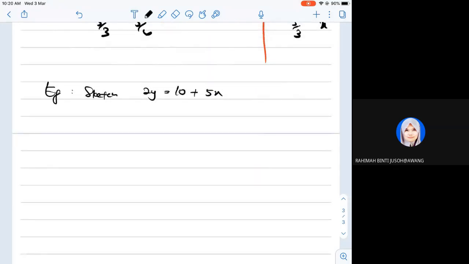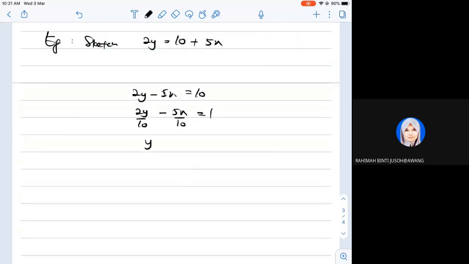Okay, so by using intercept form, again, move every variable to the left-hand side. So we will have 2y minus 5x equals to 10. All right. And then divide everything by? 10. Yes, so 2y over 10 minus 5x over 10 equals to 1. So you all akan ada y over 5 minus x over 2 equals to 1.